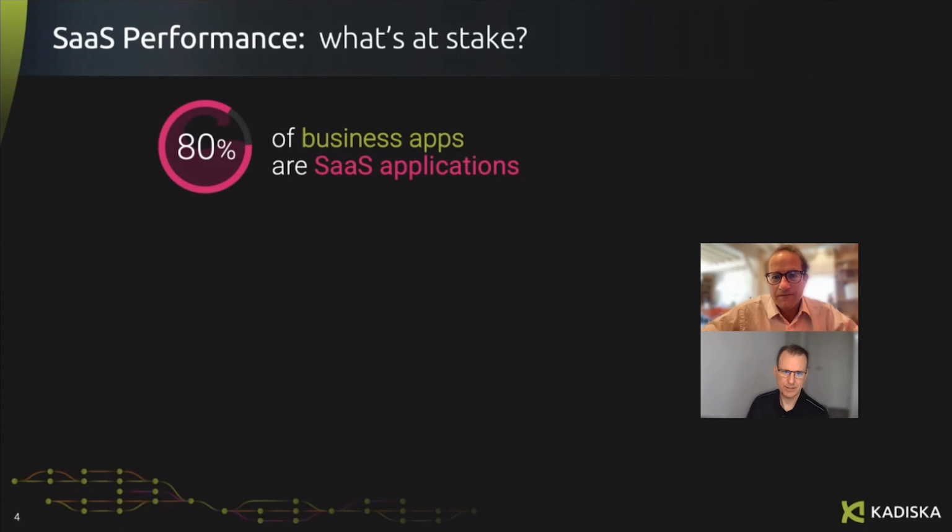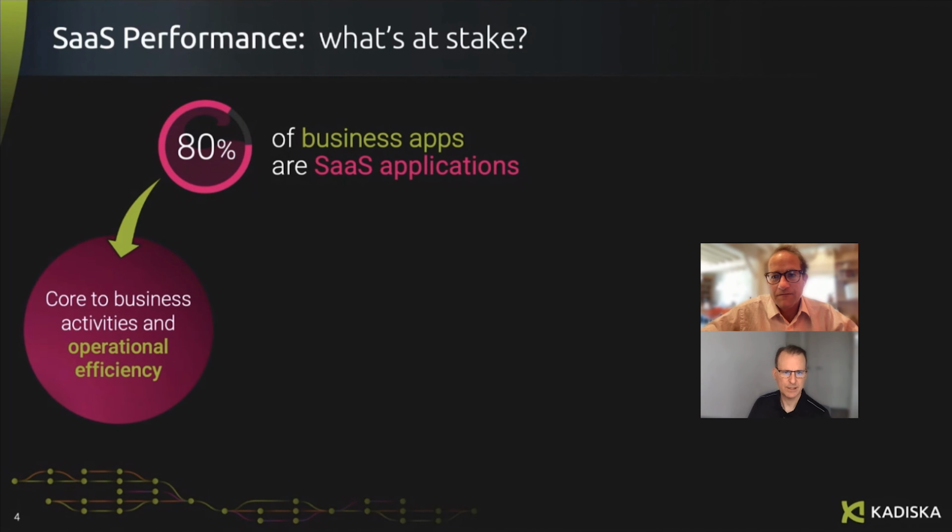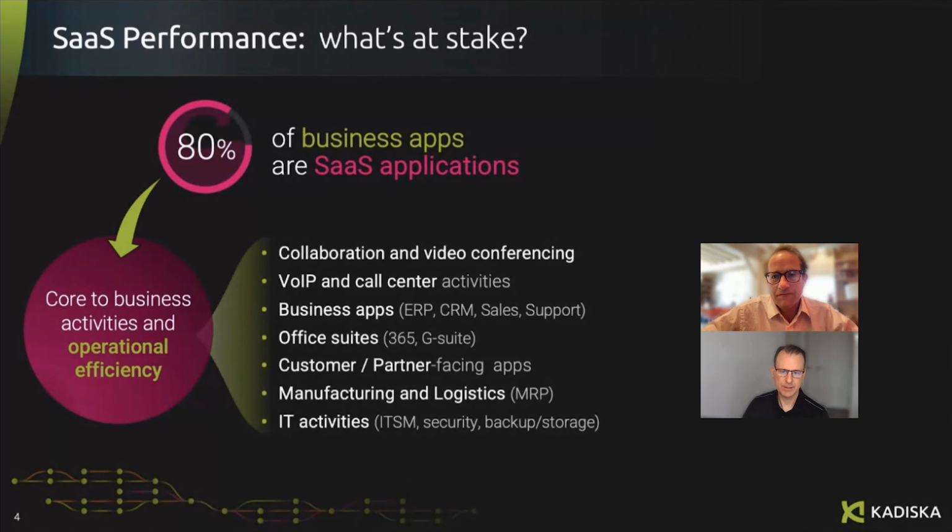It's often easy for us to forget how many things we use each day that are actually SaaS applications. All the Office suites, if you're using Google or 365 running in the background, collaboration like we're doing right now, all the manufacturing and logistics, but also the IT systems themselves are becoming SaaS oriented.